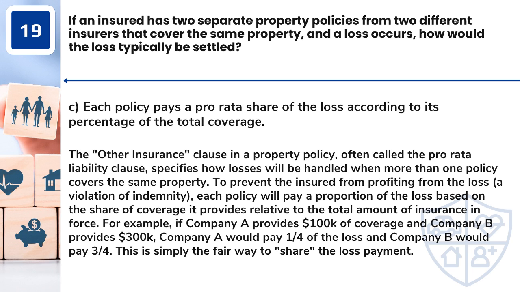To prevent the insured from profiting from the loss, a violation of indemnity, each policy will pay a proportion of the loss based on the share of coverage it provides relative to the total amount of insurance in force. For example, if Company A provides $100,000 of coverage and Company B provides $300,000, Company A would pay 1/4 of the loss and Company B would pay 3/4. This is simply the fair way to share the loss payment.